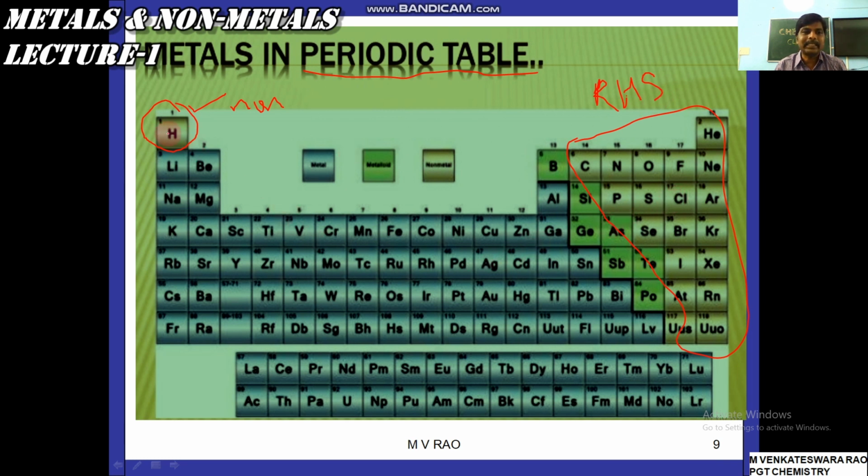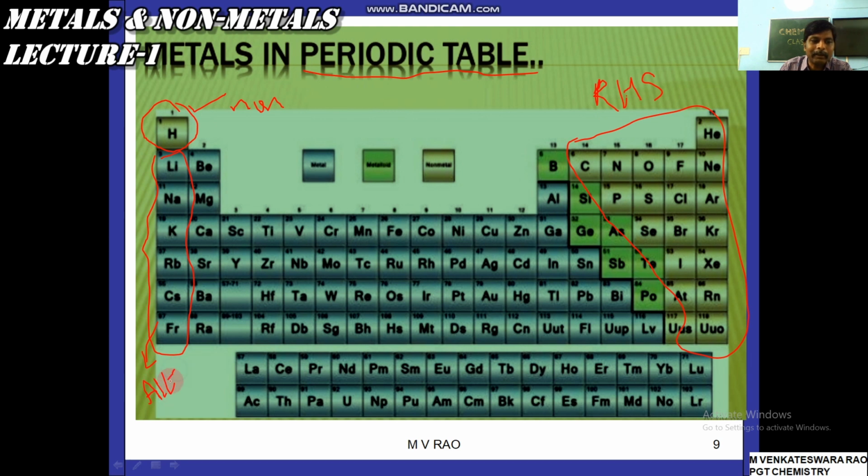Other than this, the remaining are metals. You see lithium, sodium, potassium, rubidium, cesium, francium. These are more reactive metals in the entire periodic table.